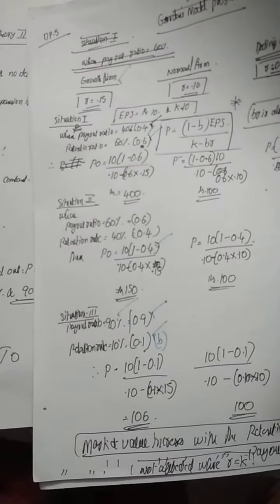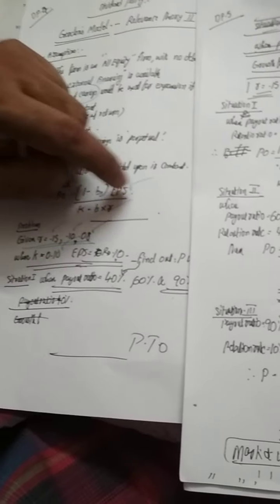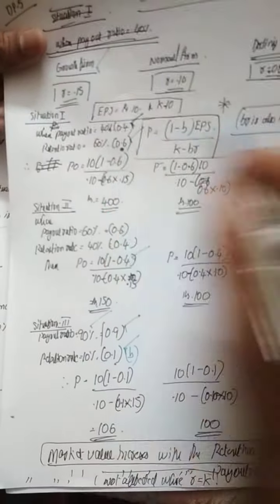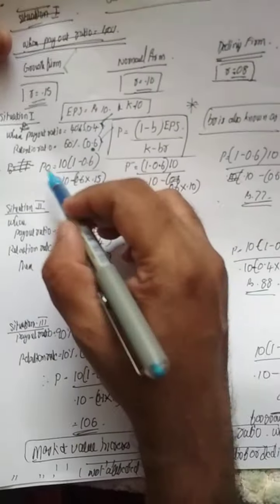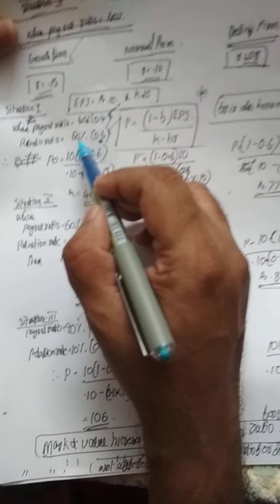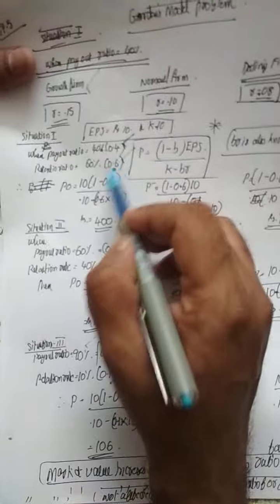What is the equation? 1 minus B into EPS, the whole divided by K minus BR, or B into R. We apply that directly in all these situations. First case: when payout ratio is 40%, retention ratio automatically becomes 0.6.